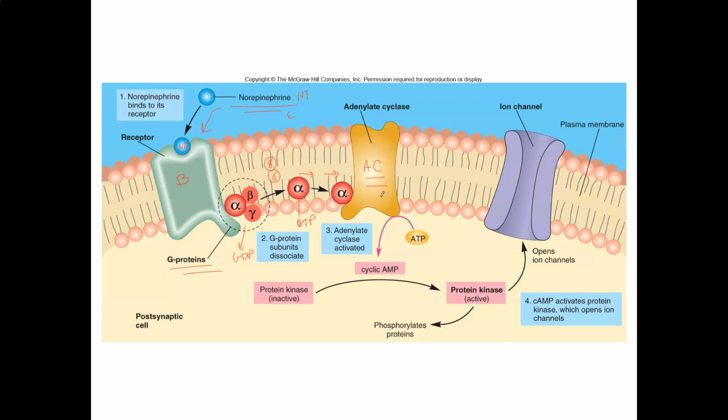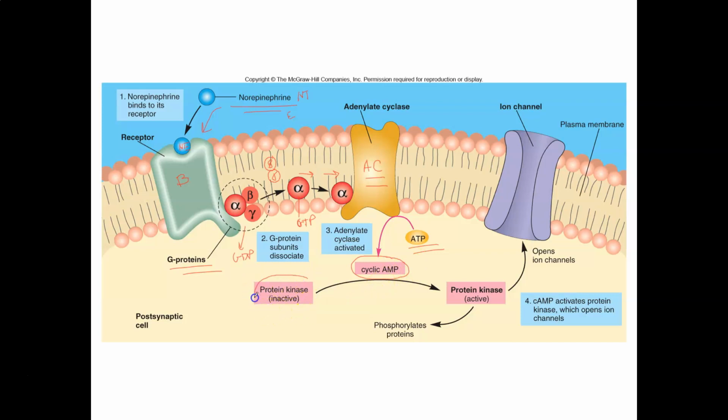Once the adenylate cyclase is active, for example, the alpha subunit binds to the adenylate cyclase, you're going to convert ATP that's in the cell into cyclic AMP. So the ATP gets converted into cyclic AMP by the adenylate cyclase enzyme. Once you have active cyclic AMP, then you can activate protein kinase.